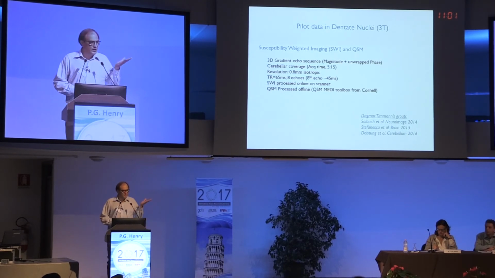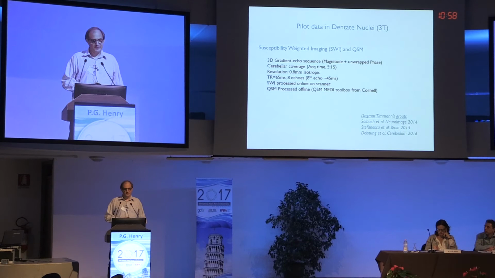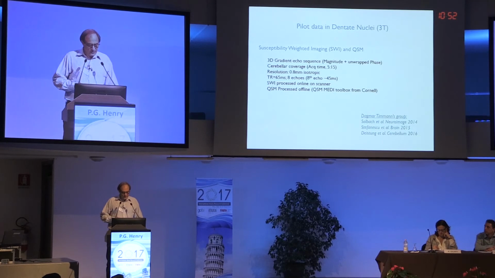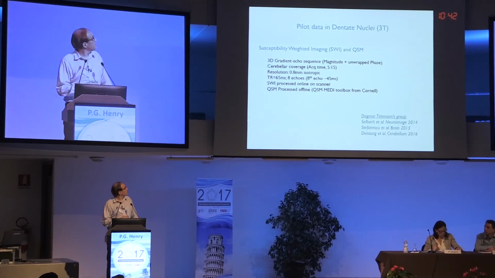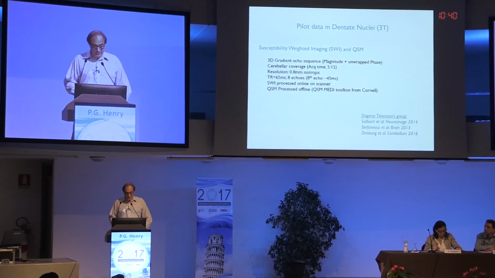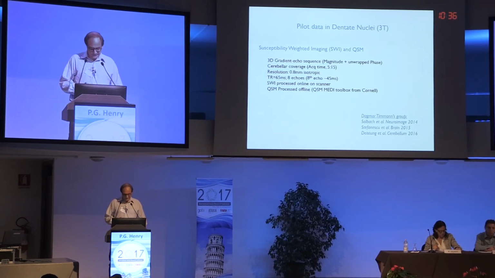And it turns out that Dagmar was in Minneapolis this summer, so we had a chance to talk about it. And we did a 3D gradient echo with 8 echoes, and SWI was processed online, and QSM was processed using a QSM MEDI toolbox from Cornell University.